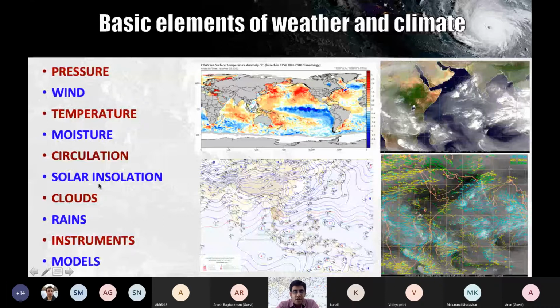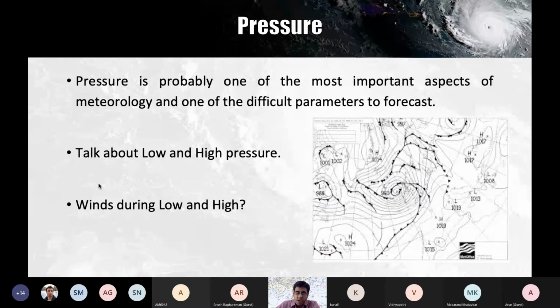So in the next 1 hour or so, what I'll try to do is we will talk about these 6 parameters, and then we will try to understand how they actually play a role in governing the weather patterns. I wanted to start with pressure because I feel like everyone can associate with this. I'm sure at some point all of you must have taken a look at a bulletin or a weather chart at least once in your lifetime.